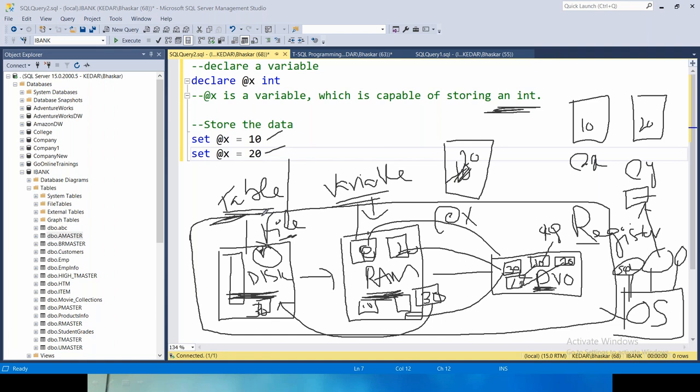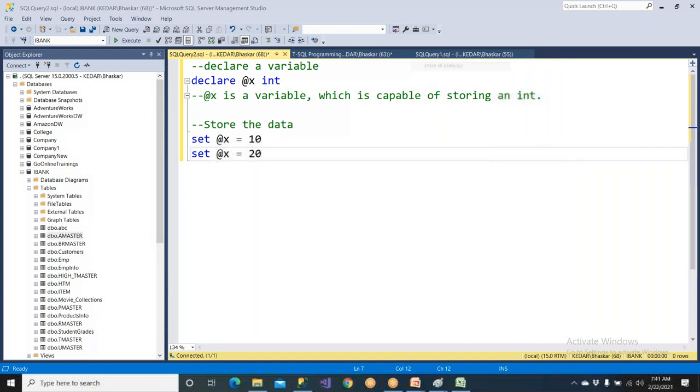That is how you need to understand it. If you want to understand programming, we cannot give a table directly to C or directly to T-SQL programming. Programming cannot access that. That table data should go where? To a variable. From the variable, it has to go to the processor to be processed. Clear, guys? Hope it makes some sense, right?